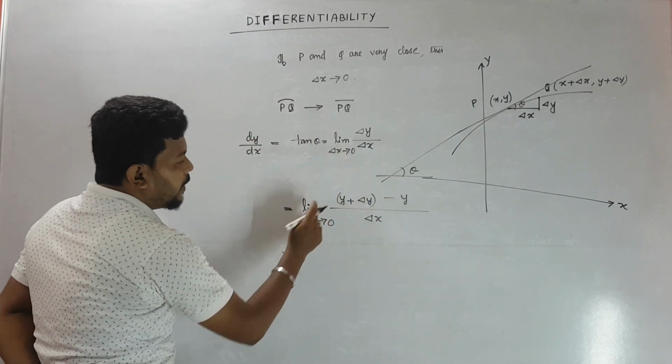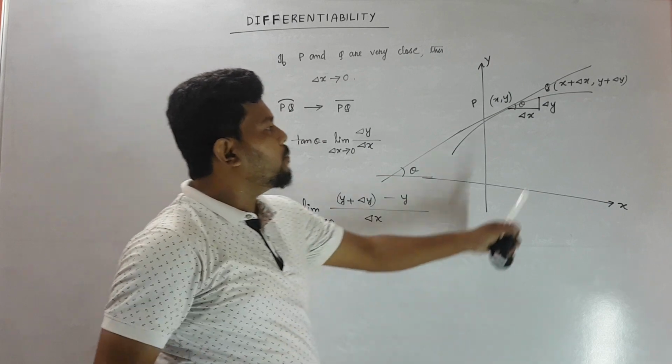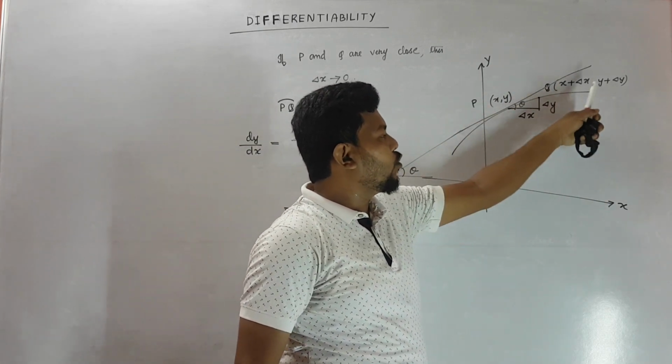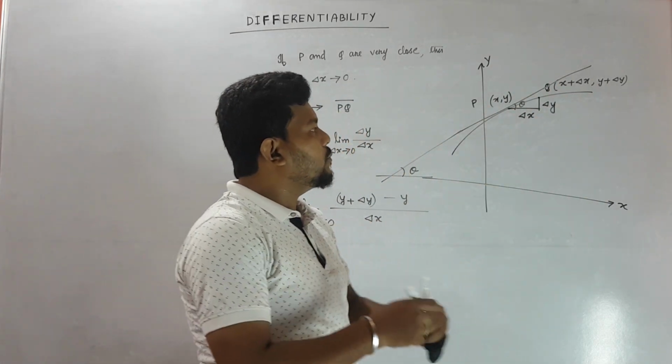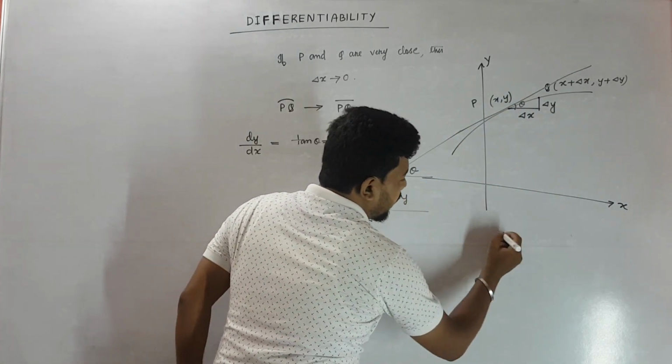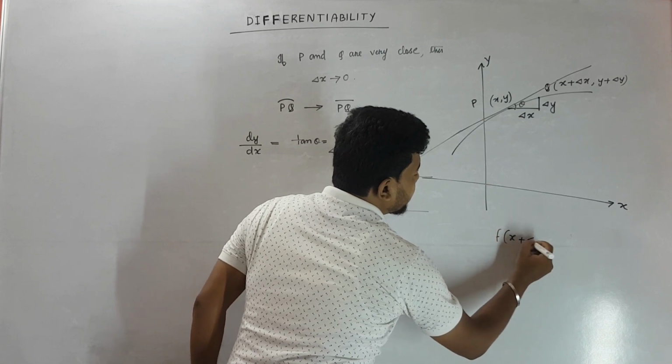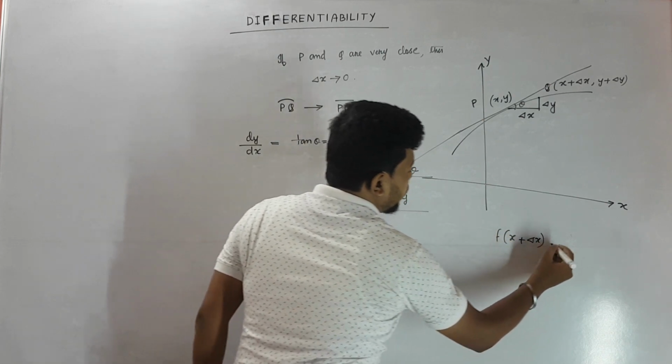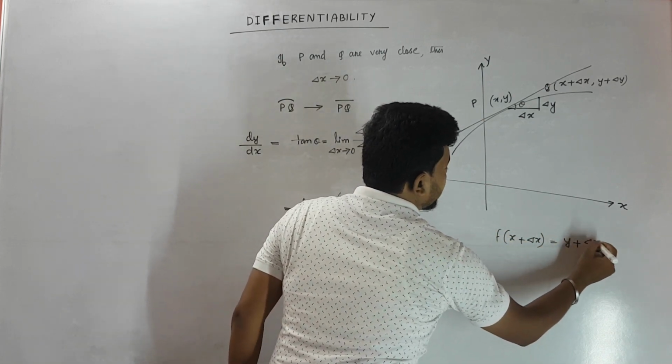What is y plus del y? The point (x plus del x, y plus del y) is lying on the curve f(x). So we can write f of x plus del x is equal to y plus del y.